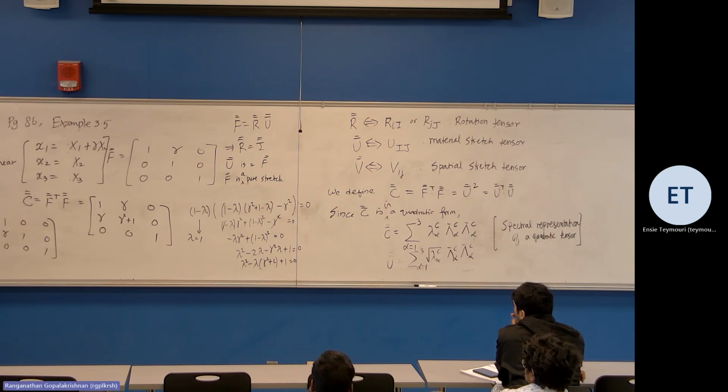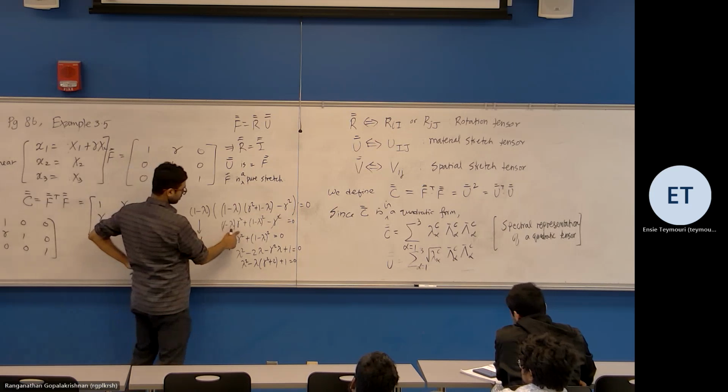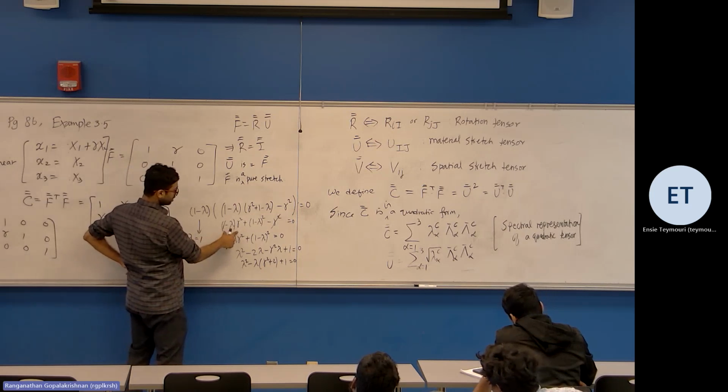So it says 4 plus gamma squared. I have only 2 plus gamma squared. Minus lambda is a gamma squared minus lambda. 1 minus lambda squared.